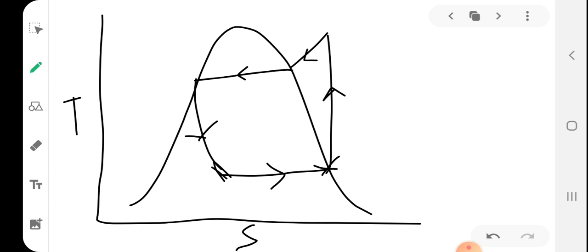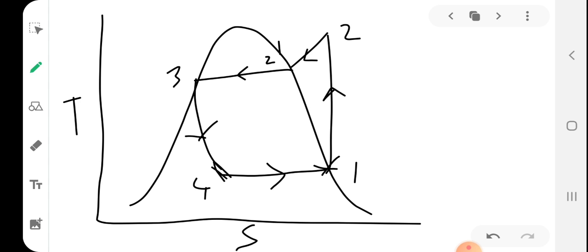If in the question it is specifically given that there is some undercooling, or the input of the compressor is superheated or wet, then only you have to change the diagram. If it is given directly as simple saturated, you draw like this only. So this is 1, 2, 2 dash, 3, 4.